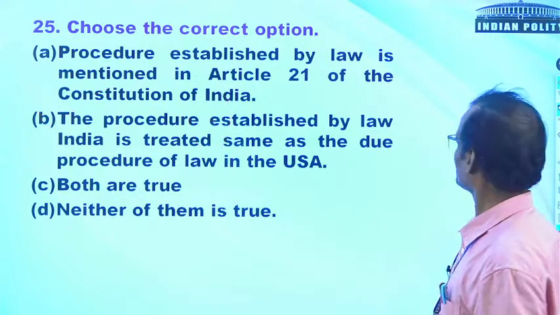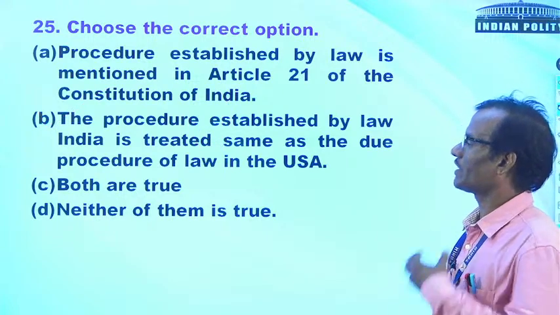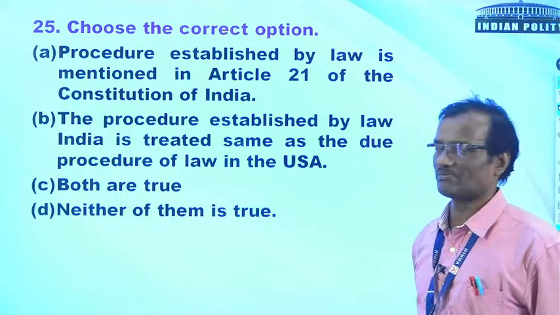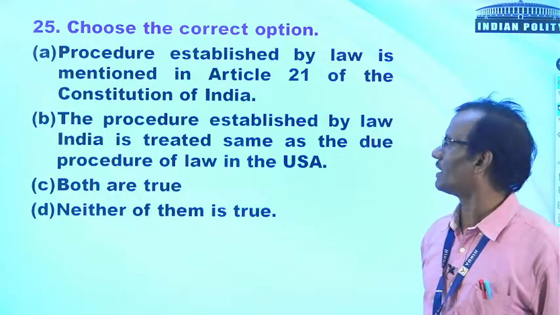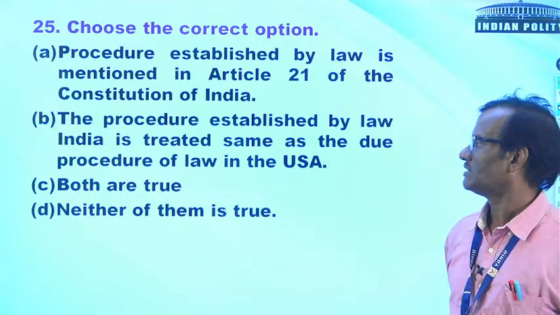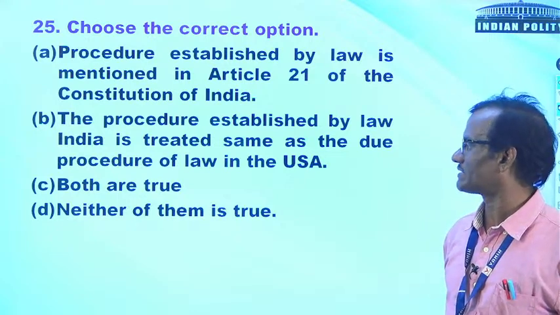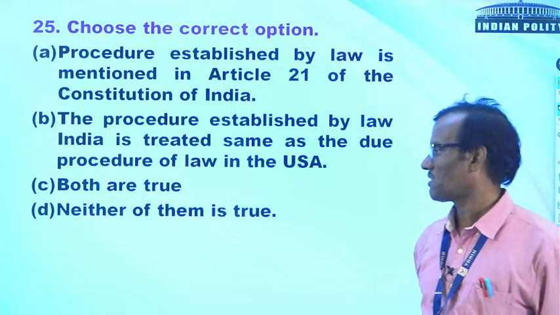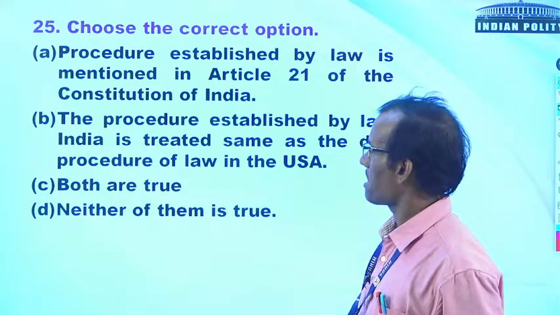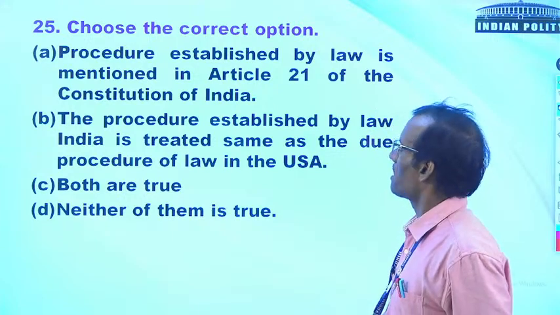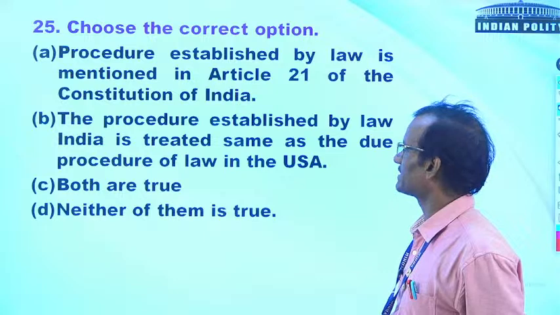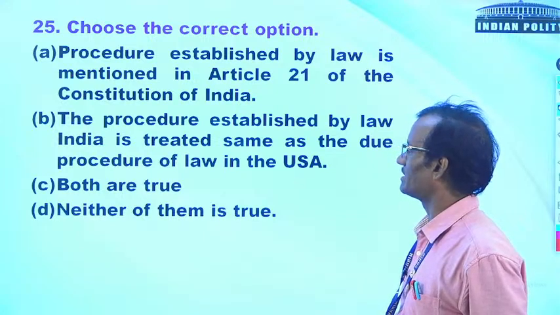25. Choose the correct option. Procedure established by law is mentioned in Article 21 of the Constitution, right? Procedure established by law is treated the same as the due process of law, is that not right? It's treated as the due process of law in the US.